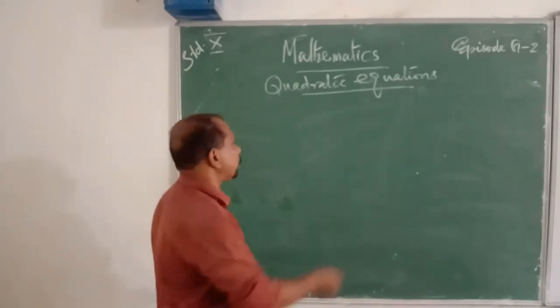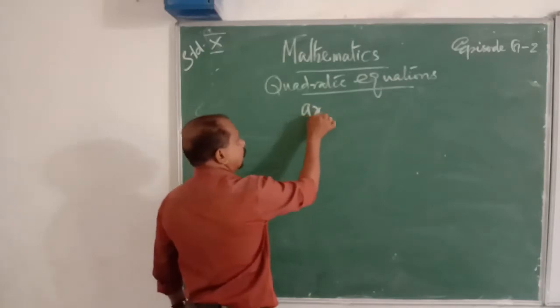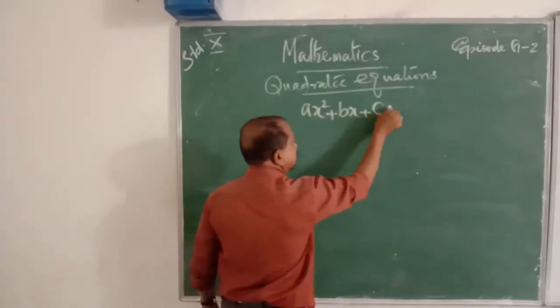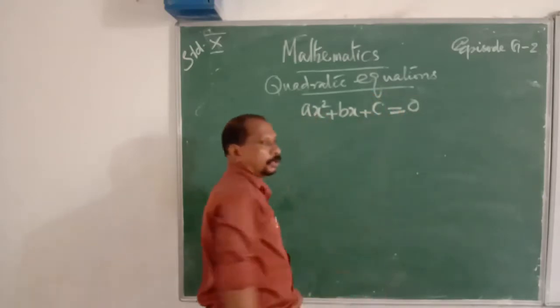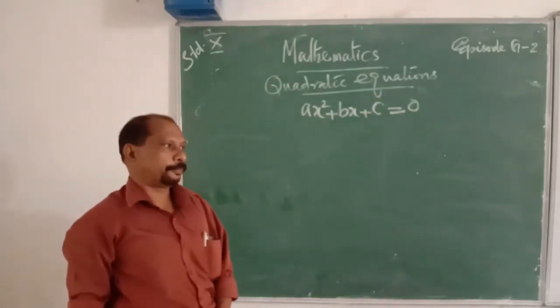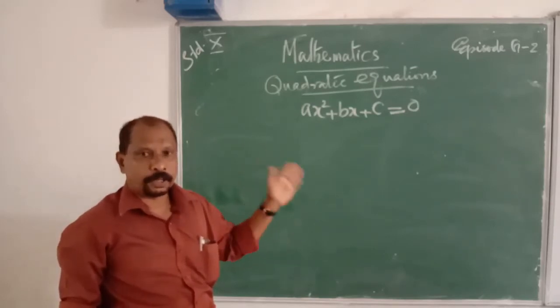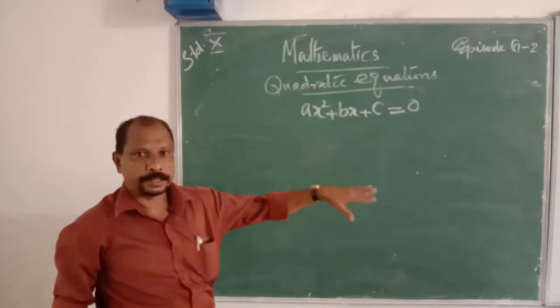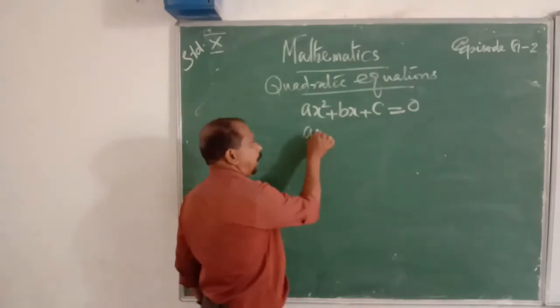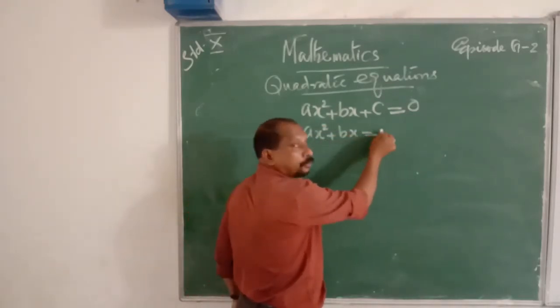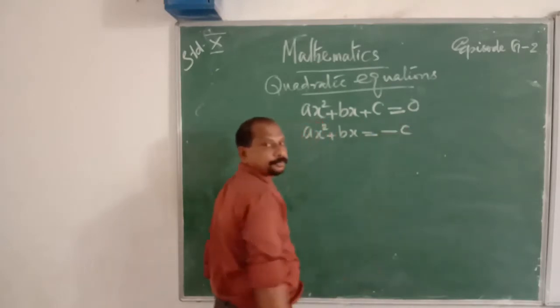That means ax square plus bx plus c is equal to 0. That is the quadratic equation. First step is what? Shift the constant to the right side. That is ax square plus bx is equal to minus c.